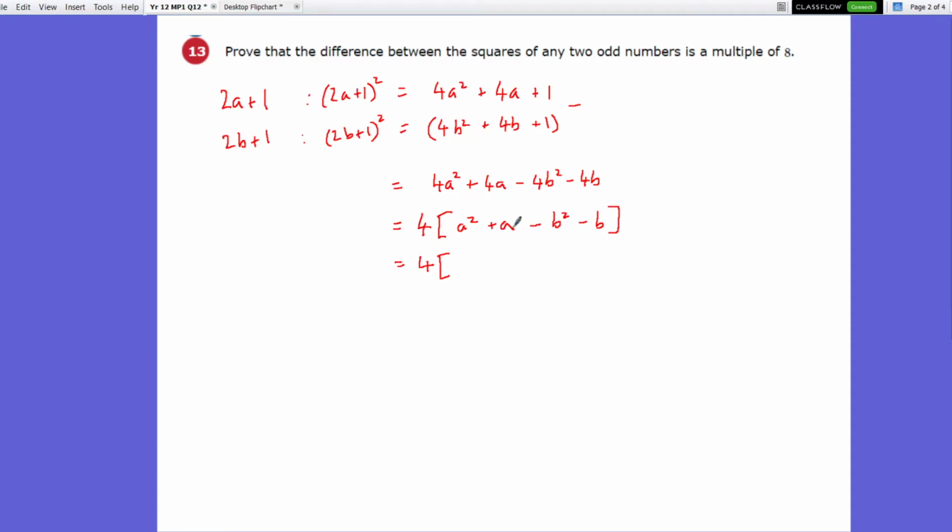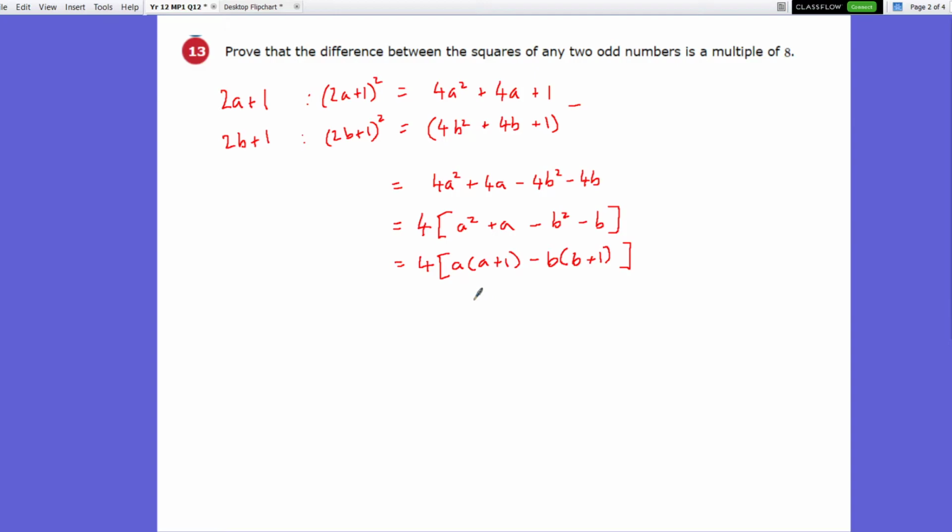Factorize this expression, a squared plus a, take the a out and put a plus 1, close bracket. Now don't forget a minus b is coming out, so that must be positive b, because minus b times b is minus b squared, and minus minus makes a plus, that's going to be positive 1 in there. I'm going to close the bracket there.